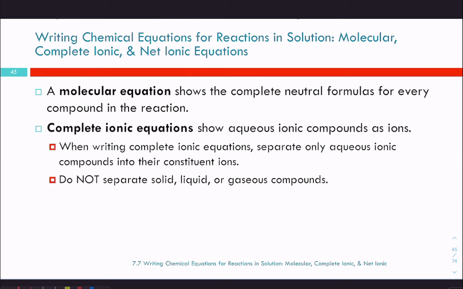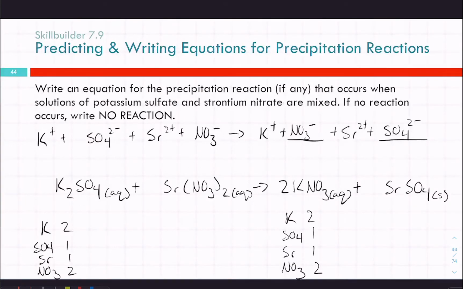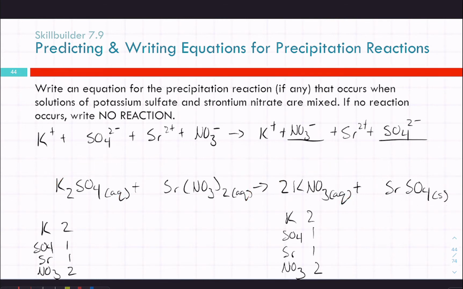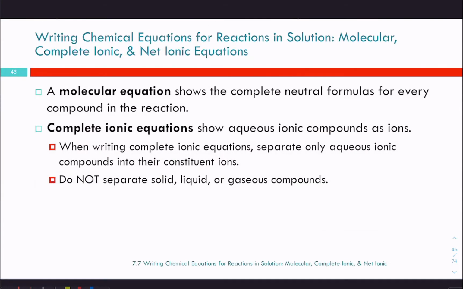If it's insoluble, write it as a solid, as the compound. For example, over here, this is aqueous, aqueous, aqueous, and then this is solid. So essentially we would have all of this plus this as the solid. And that would be a complete ionic equation. If it's solid, liquid, or gas, you don't separate those, only aqueous ionic compounds.